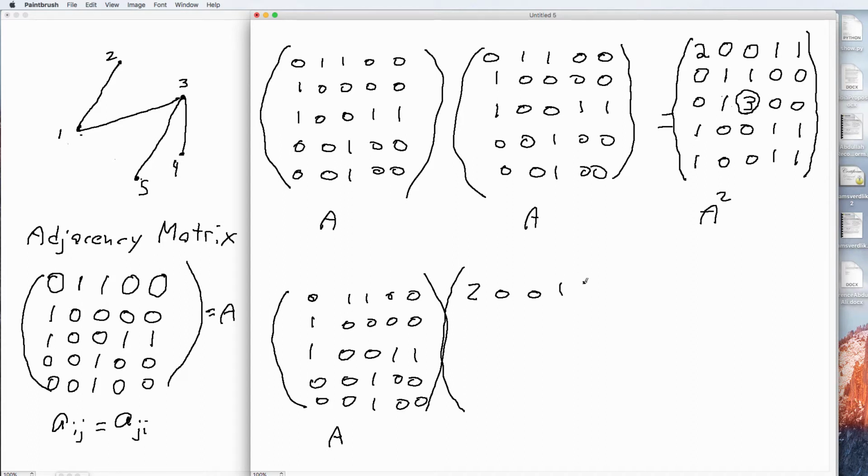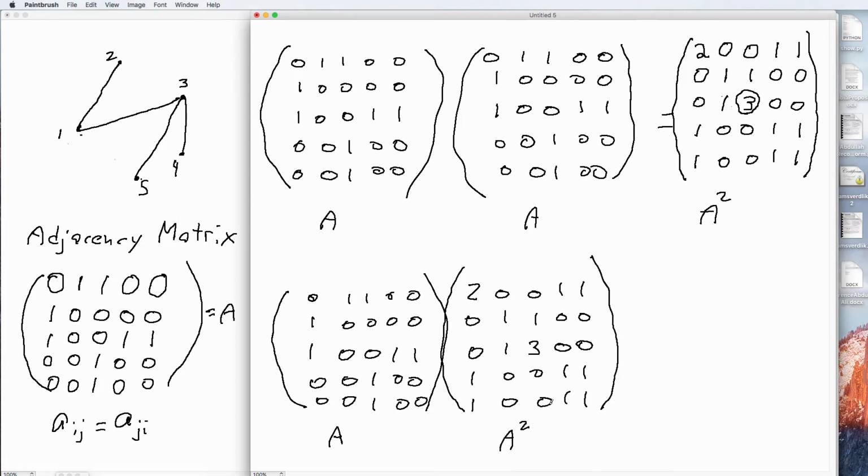And again, notice there's square matrices. I can do this. This is A squared. What I'm going to get over here is a matrix that I'm going to call A cubed. And let's figure this out.